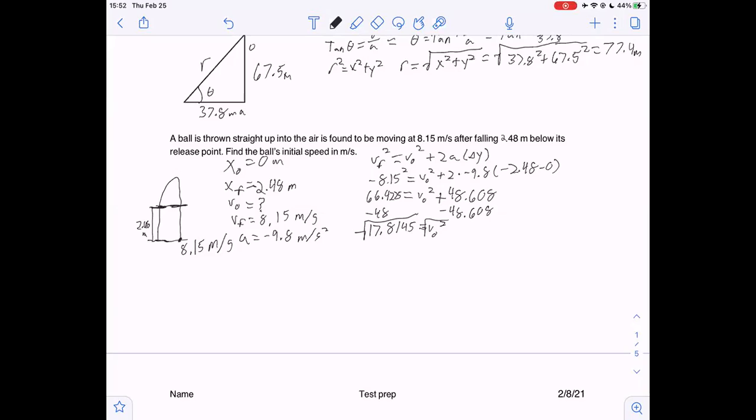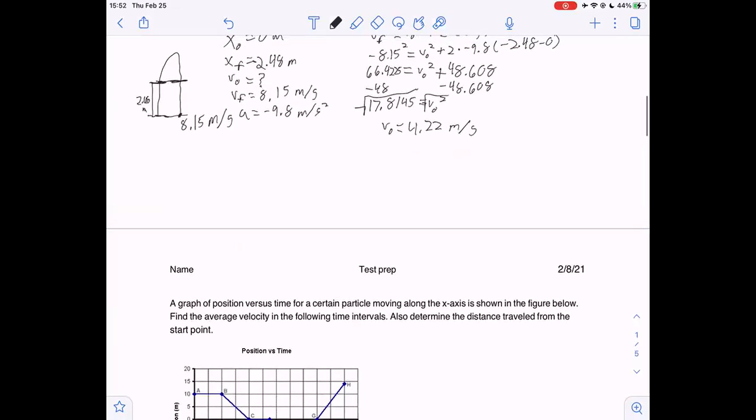Giving us what for our V naught? .22 meters per second. Any questions there?